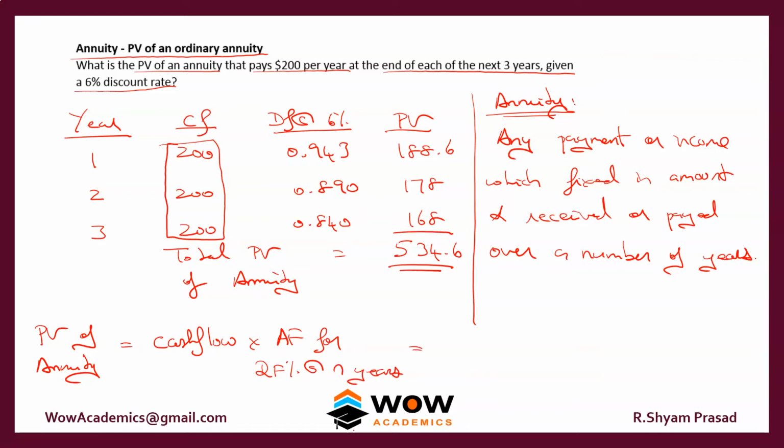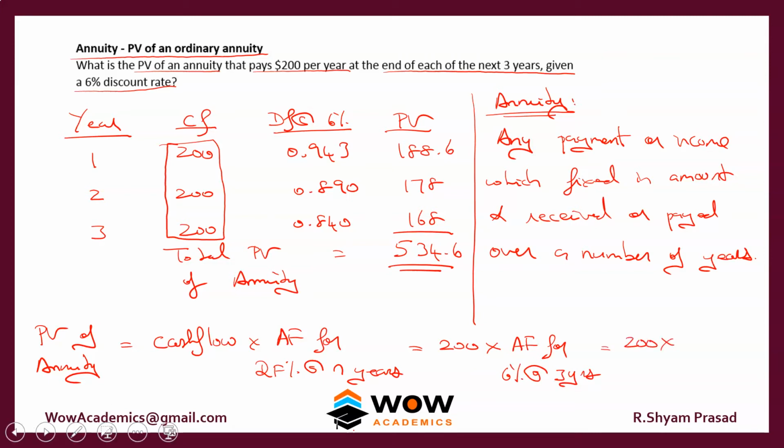We'll put the cash flow, 200, multiplied by the annuity factor for 6% at 3 years.